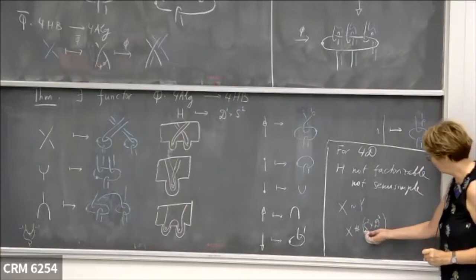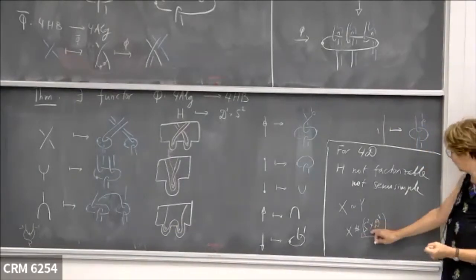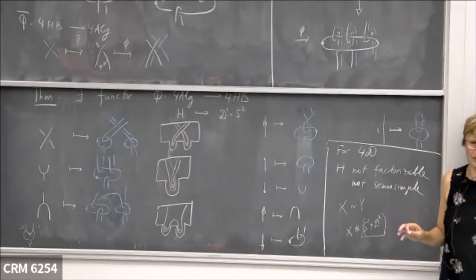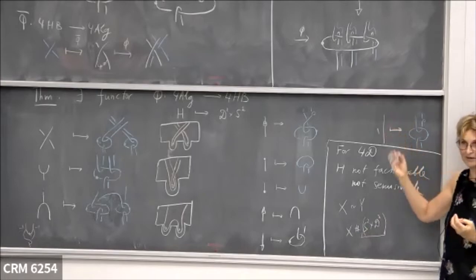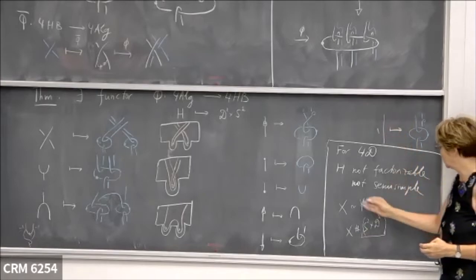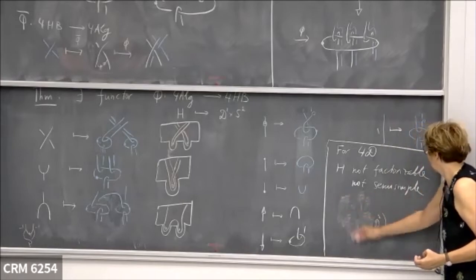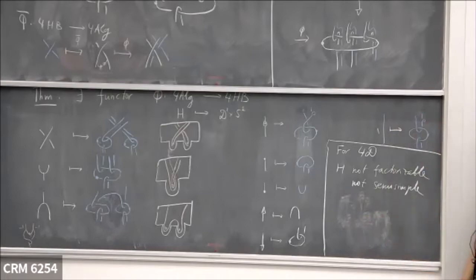And if the invariant of this guy is invertible, then you can just rescale the whole thing, and it will never see the difference between diffeomorphism and two-deformations. But this is what you would like to catch with this invariant. Therefore, the interesting invariants would come from non-factorizable and non-semisimple Hopf algebras.